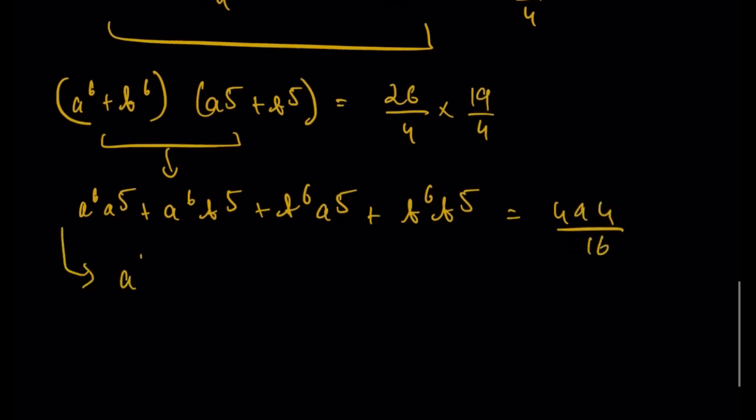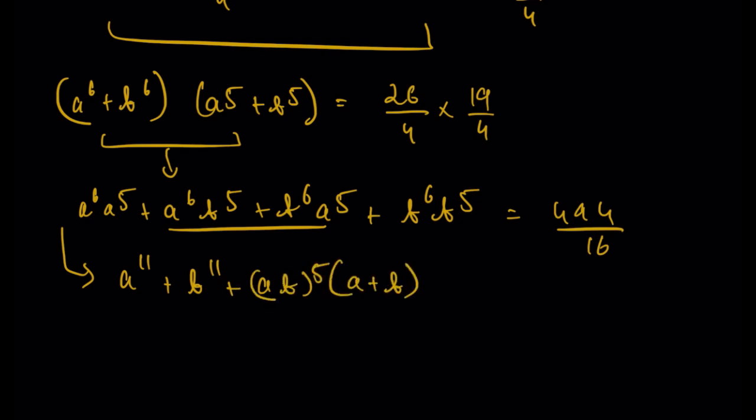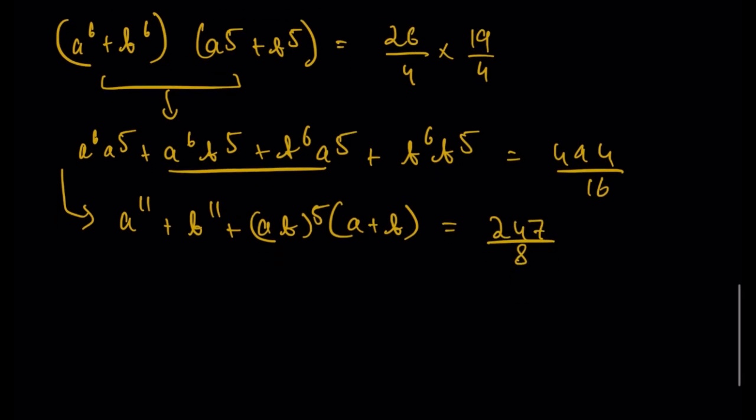Okay, this would be a power 11 plus b power 11, and seeing these two other terms, we could take ab power 5 common and a plus b. This could be simplified as 247/8, dividing both sides by 2. So a power 11 plus b power 11. So this term is ab power 5.